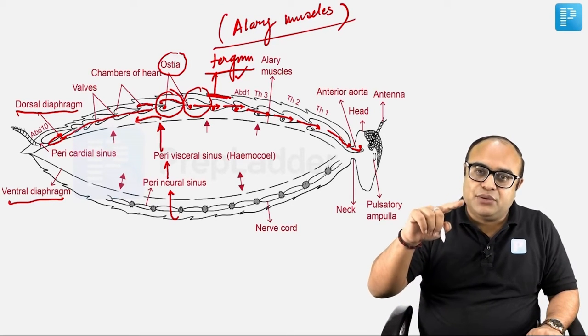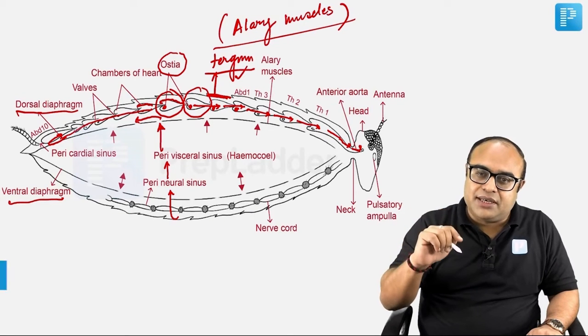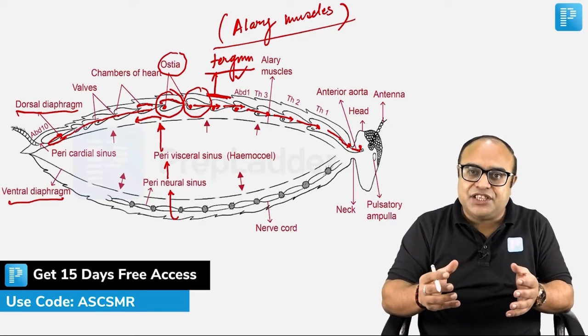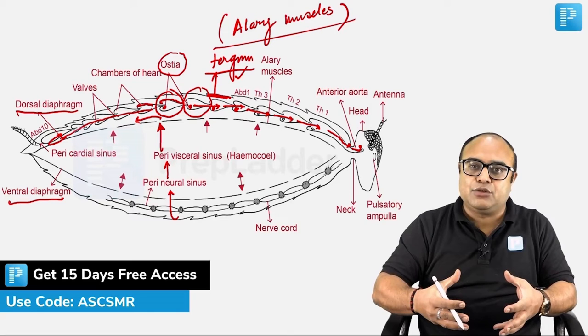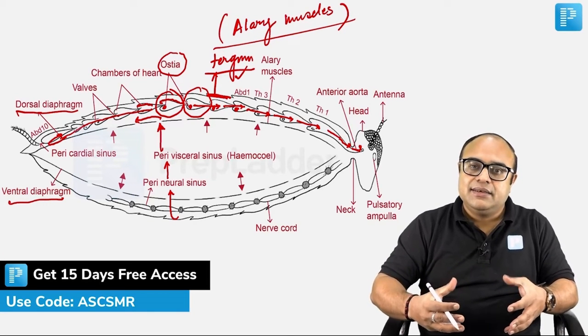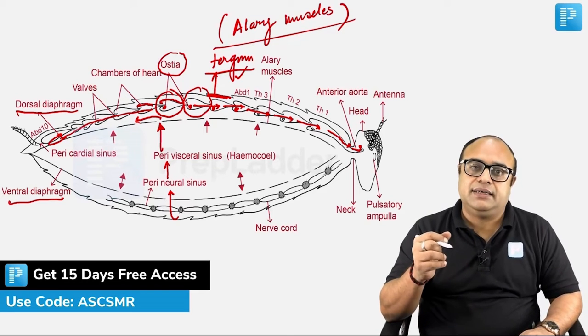It was attached to the tergal portion and the sternal plate, no? The alary muscles are also attached to the tergal portion, no? So there is a combined action of both these muscles to increase the thoracic cavity and thereby dilate the chambers of the heart.